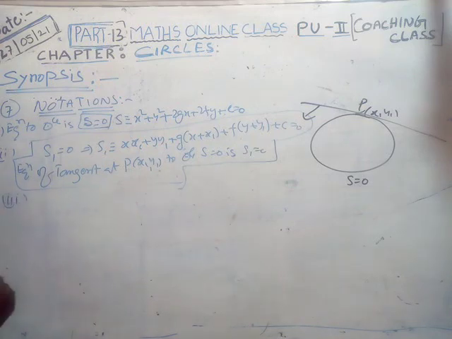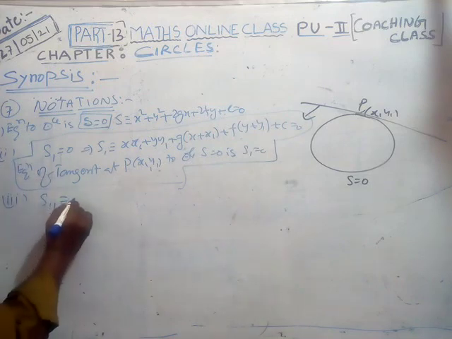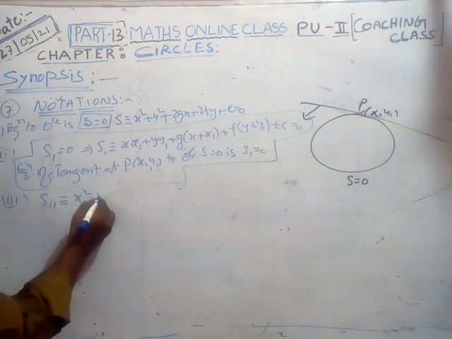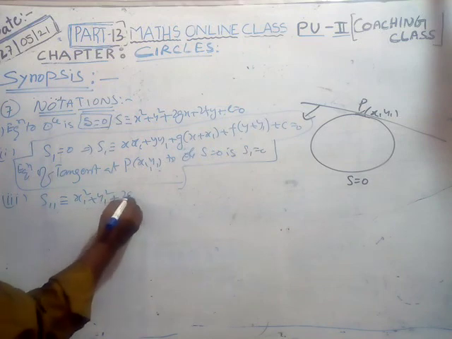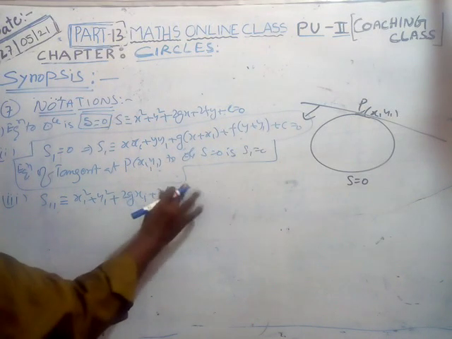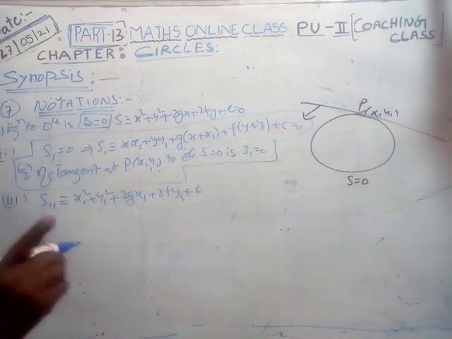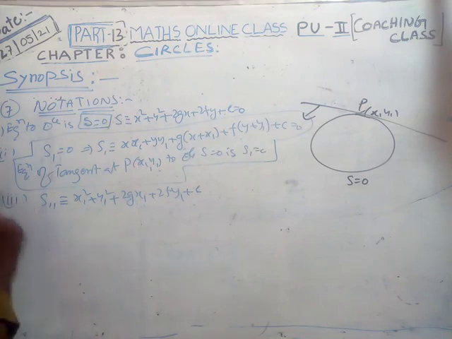Third one. S11 is identically equal to x1 square plus y1 square plus 2g x1 plus 2f y1 plus c. It is not equal to 0. Remember it, it is a notation only.